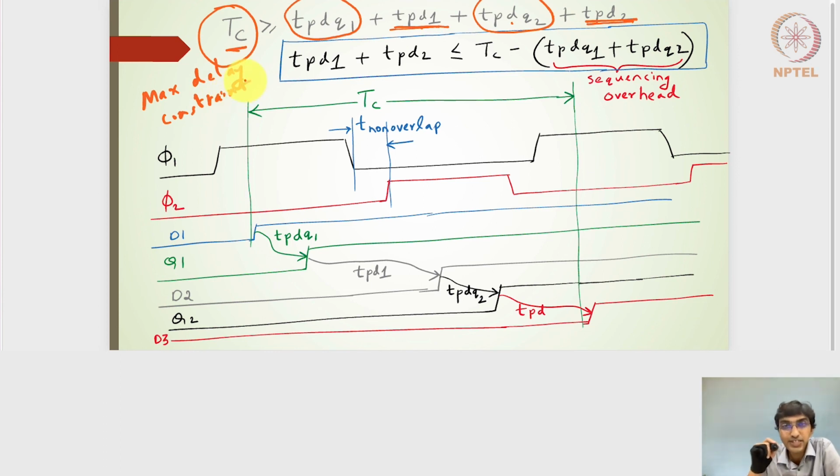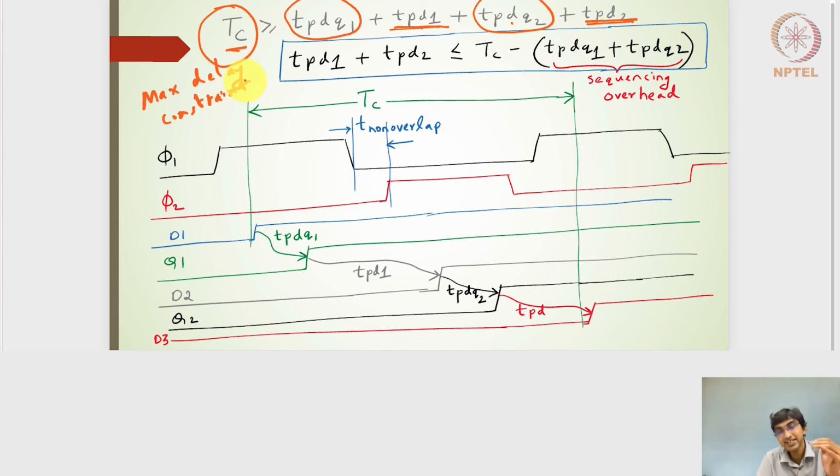This is especially for the phase latches, where we want one part of the combinatorial circuit to work in the high level of the clock, and the second part of the combinatorial circuit to work in the low level of the clock. That's why we have used 2 phase clock signals and 2 phase latches. So one clock is given to latch number 1, latch number 3, latch number 5, and all the odd latches.